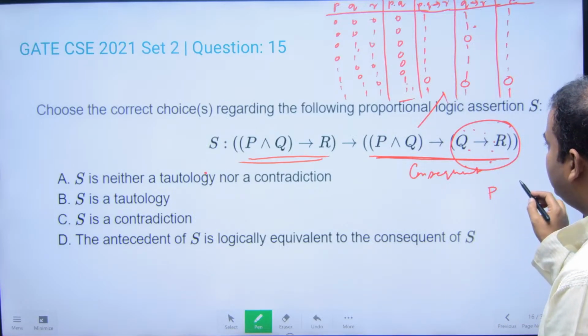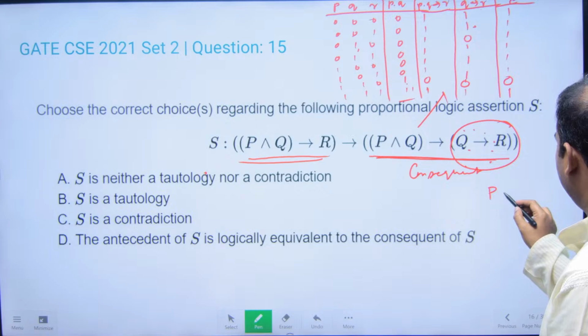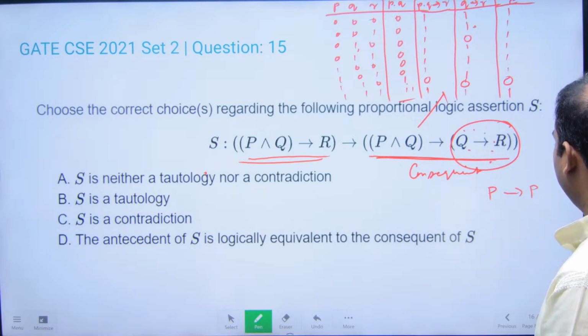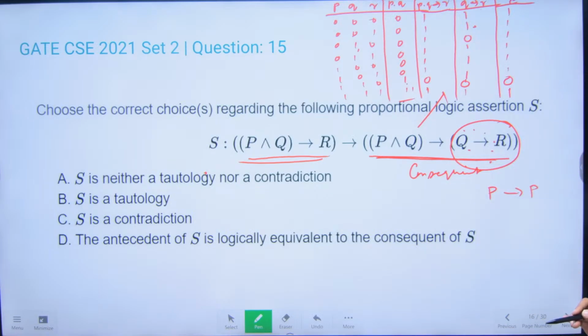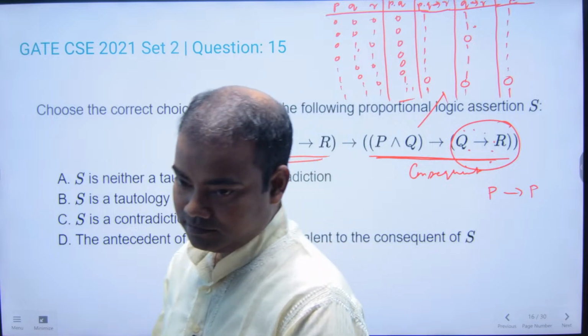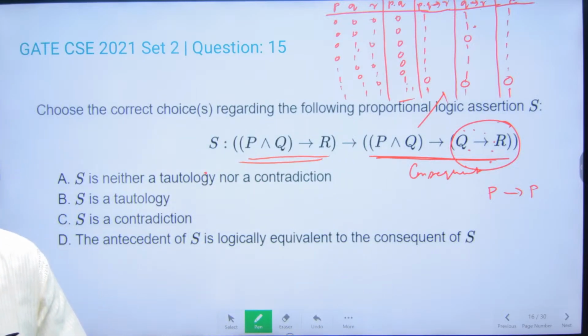P, so this is actually equivalent to what? Can you say that this statement is always true? If P is true, then P is true.